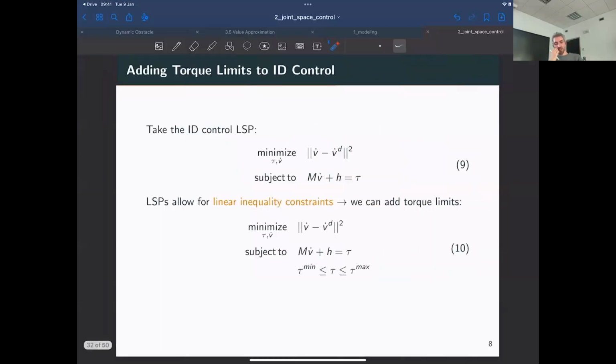And this can be very easily taken into account if I add to the problem a couple of inequality constraints to say that my torques tau should be bounded between tau min and tau max. So this is allowed under the least squares program format because these inequality constraints are linear. And so I can simply add them and my solver is going to be able to take them into account.